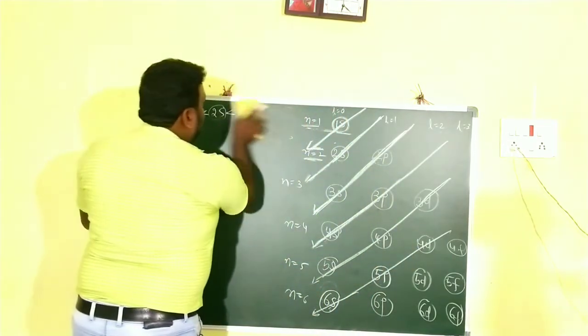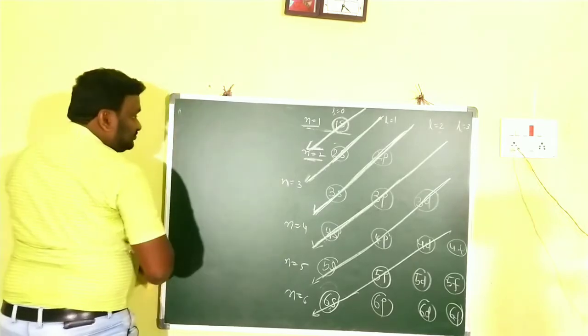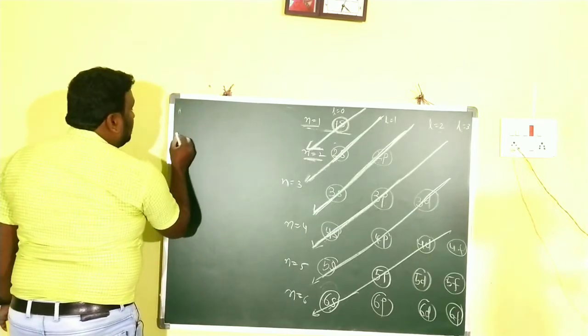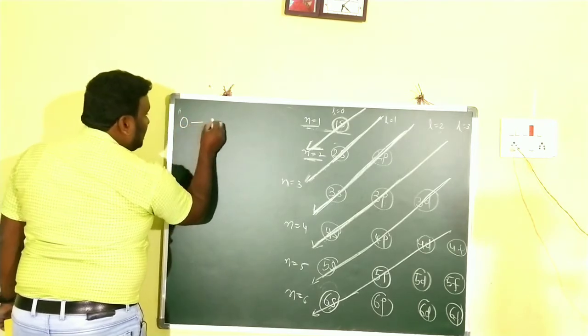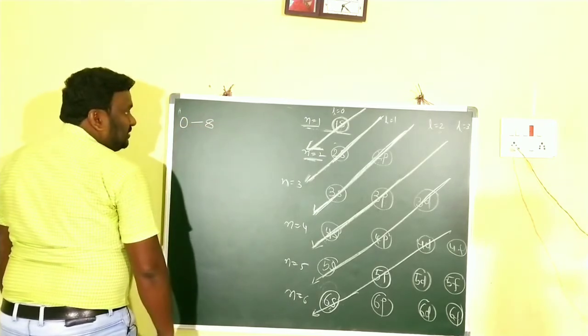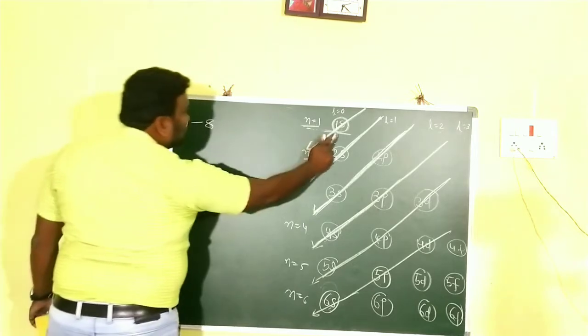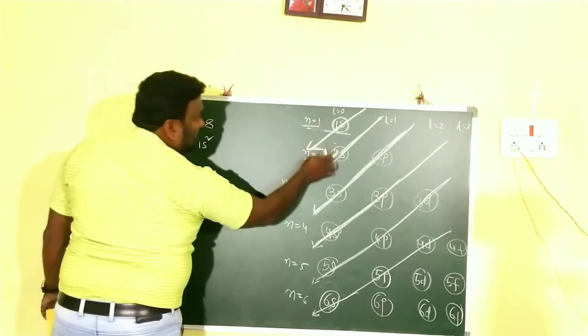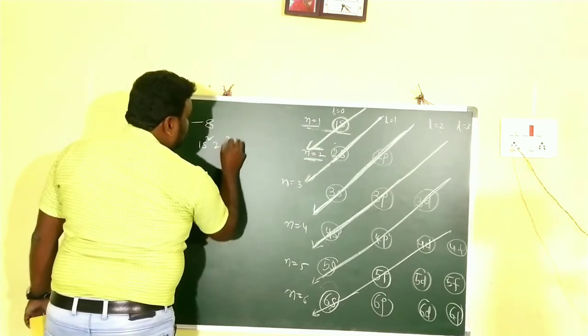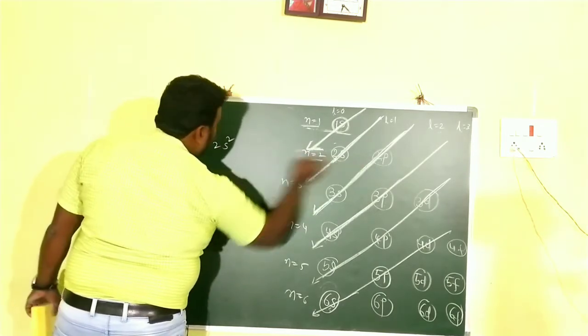For example, now I am going for oxygen, atomic number 8. First, what do you have to fill, children? 1s2. Clear? Next, 2s2. Next, 2p4.